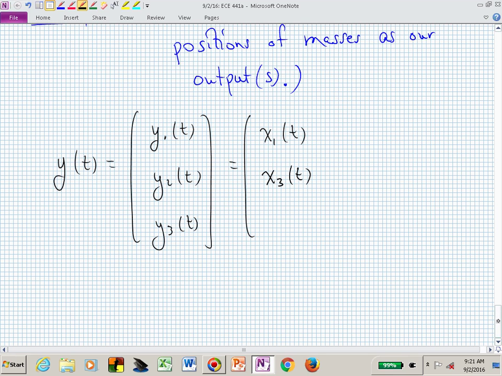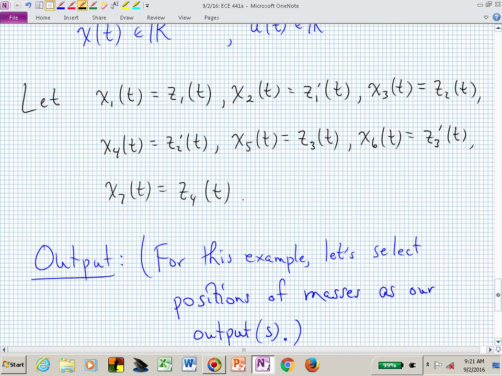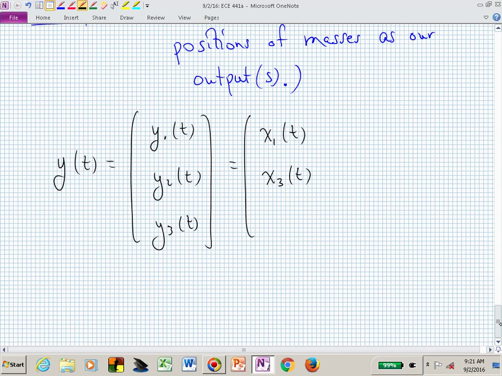And our third mass, z sub 3, was coordinate 5 in our state vector. Our third output then will be x sub 5, which says that our output is now 3 by 1.